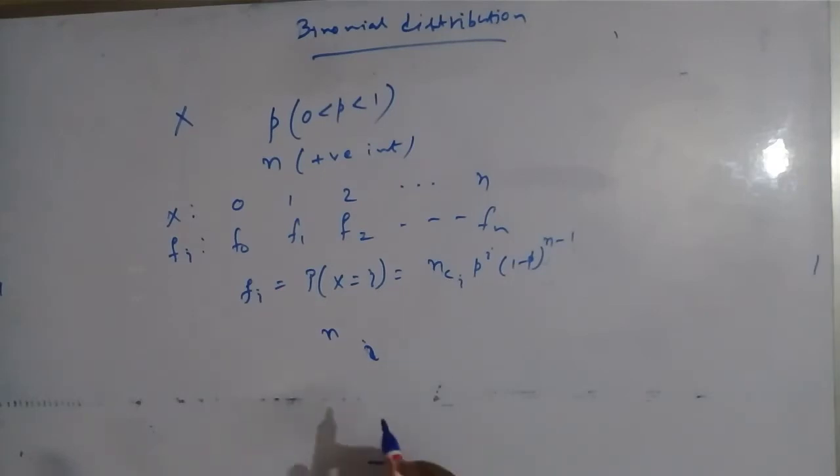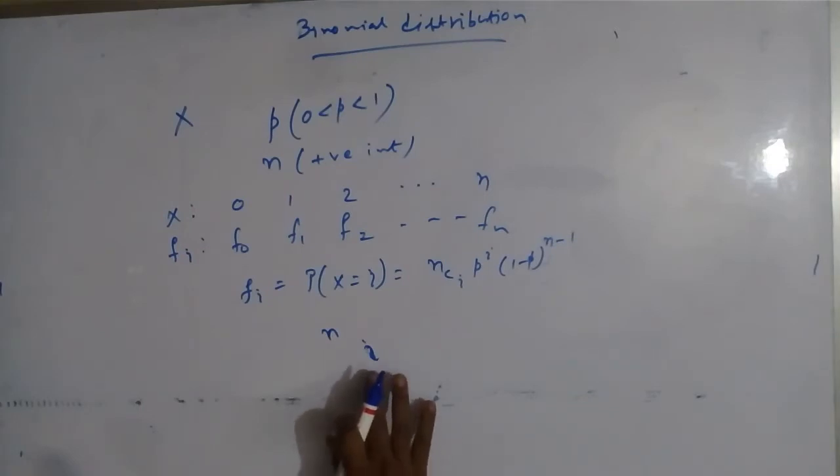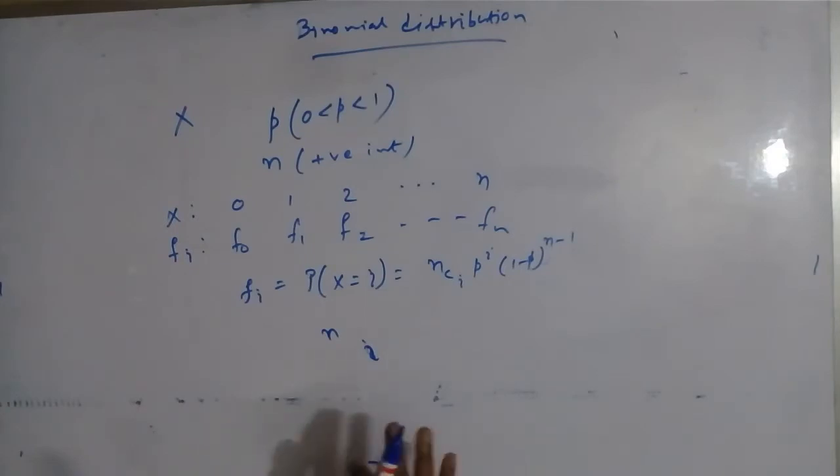Then the probability of getting success i times out of n times is given by this distribution function, and in this type of experiment binomial distribution is used.